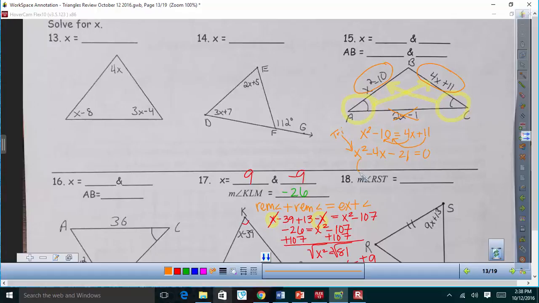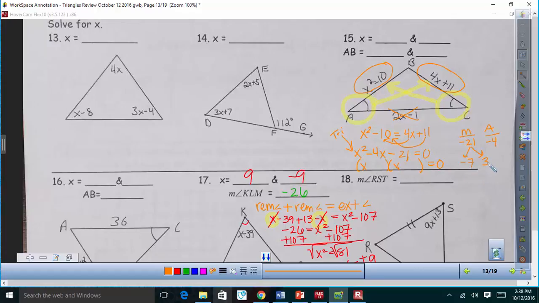So go ahead and draw your parentheses. What letter goes in the beginning of both? X. And now I'm looking for something that multiplies to give me a negative 21, but adds to give me a negative 4. Negative 7 and 3.